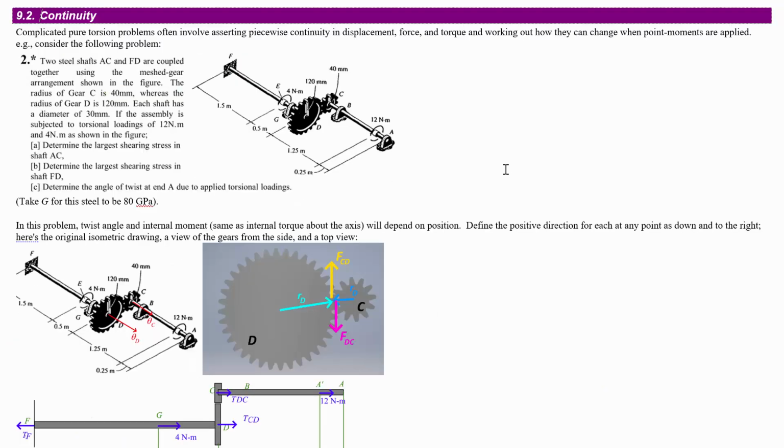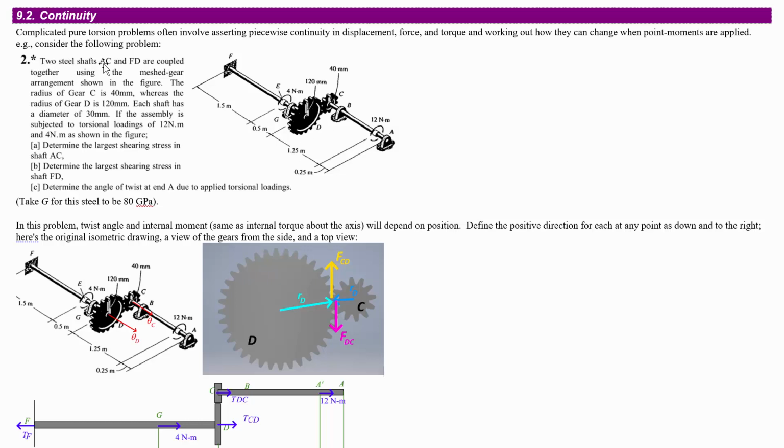And this is what's going to allow us to, again, solve macroscopic problems with moments applied at specific spots and sort out how angles of twist are going to vary across complicated systems like this where you have things matching with gears.